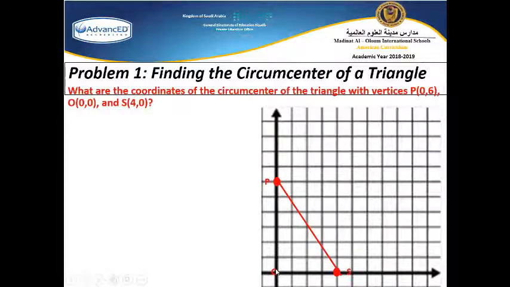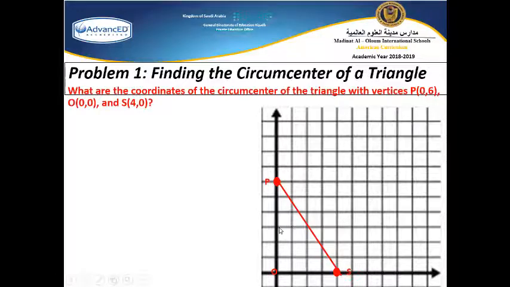Then we can find the point of intersection, or the circumcenter, as we explained in the previous slide, it would be the midpoint of the hypotenuse. They will intersect at the hypotenuse.